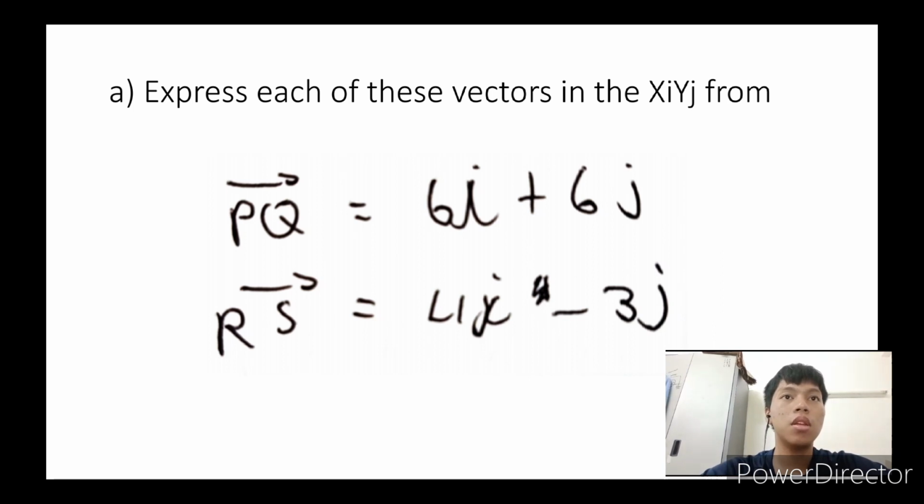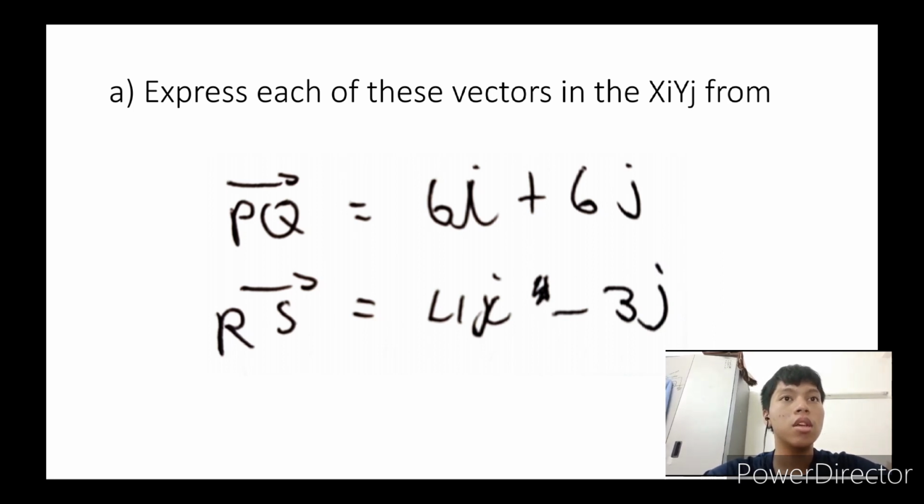A. Express each of these vectors in xi minus yj form. It wants the coordinates of the two arrows. Let's look back at paragraph 2. First, we have to create two lines to make it a triangle.